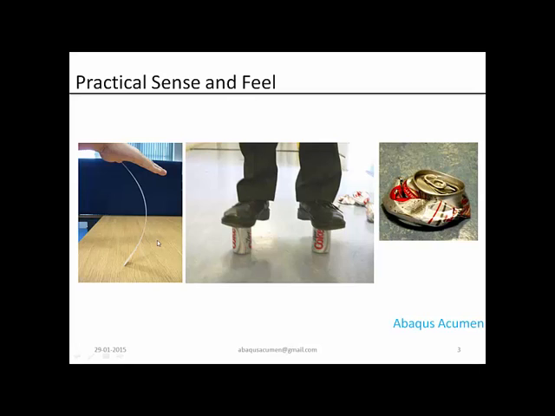Another example to get a practical sense and feel is you can take two Coke cans, and, for example, a 65 kg man standing on these two Coke cans, and then you slowly start shifting your weight onto one Coke can, and you'll find a situation where with little increment in load the Coke can buckles. The beauty about this analysis is that whether a steel rule buckles or a Coke can buckles, in both cases there is no material failure.